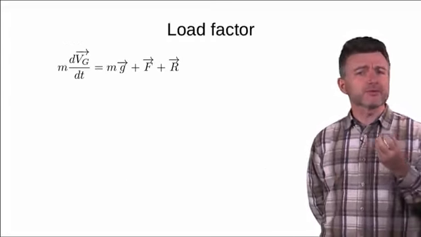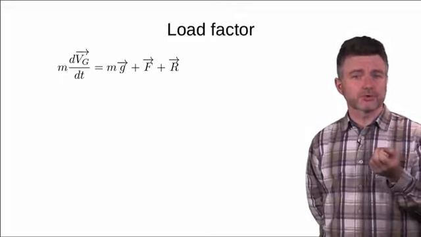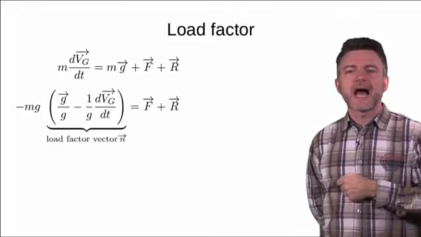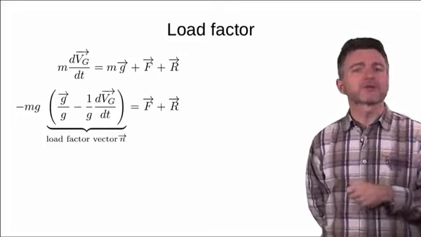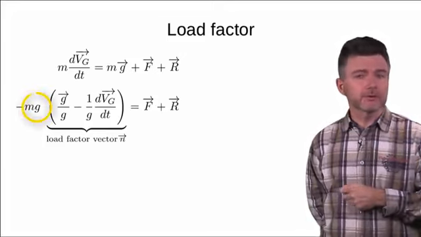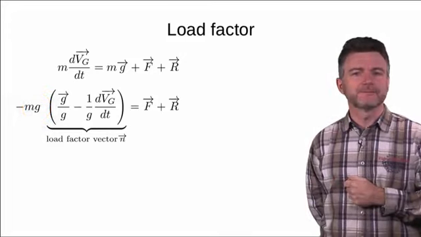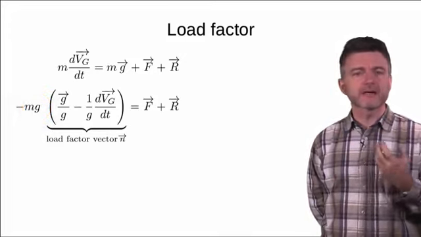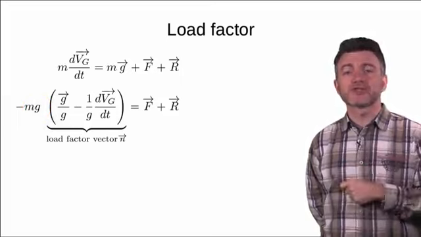Now, coming back to the general case of accelerated motion. I can move the weight to the left part of the equation and put the weight value mg, the number, not the vector, in factor. I then obtain minus mg multiplied by g over g.